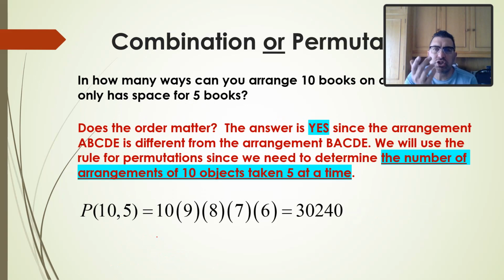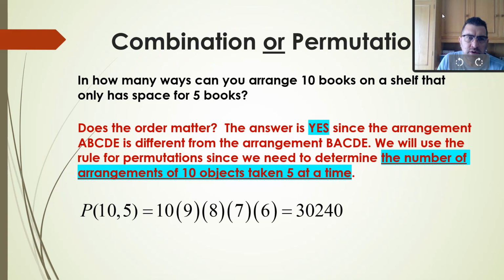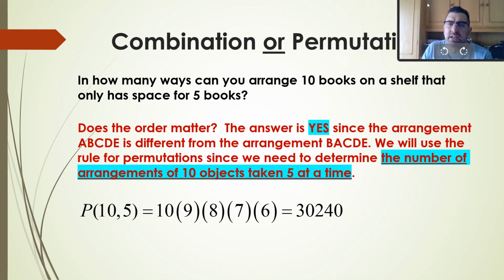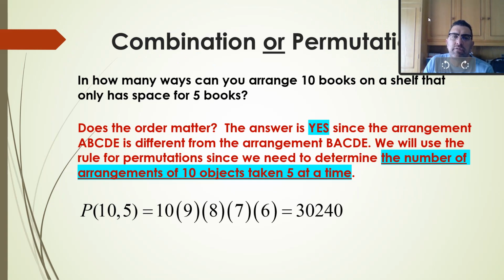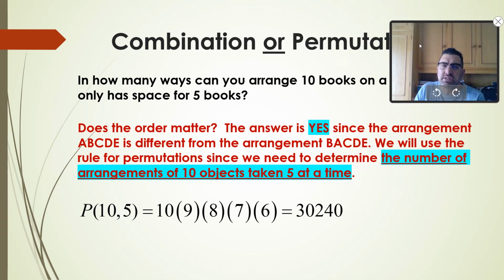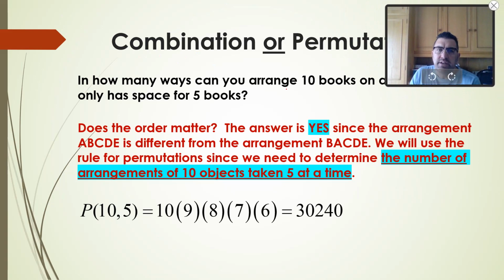Okay, combination or permutation. We've got to choose which one of the two we are working with. In how many ways can you arrange 10 books on a shelf that only has space for 5 books? You want to take 10 books, and you only have space for 5. So here you are arranging. Remember, permutation is arrangement.